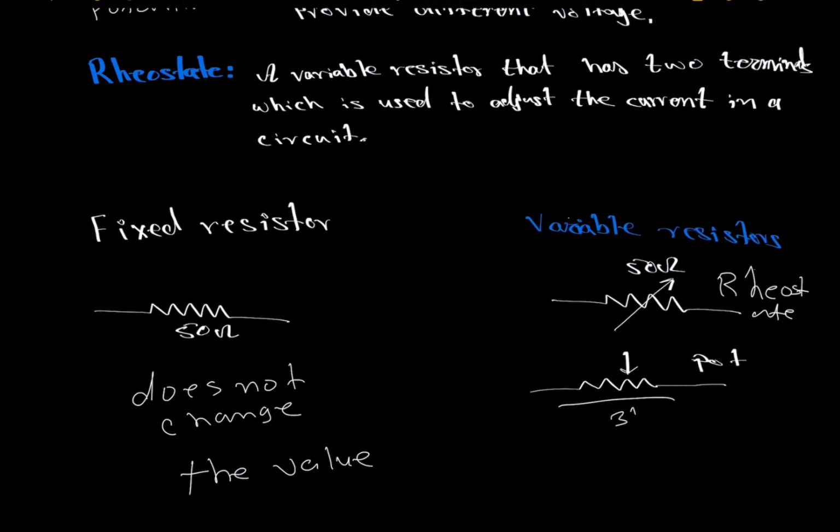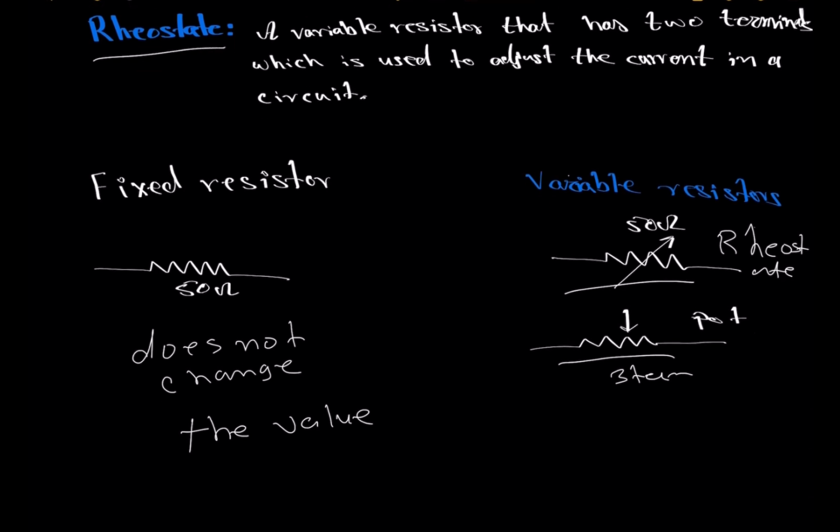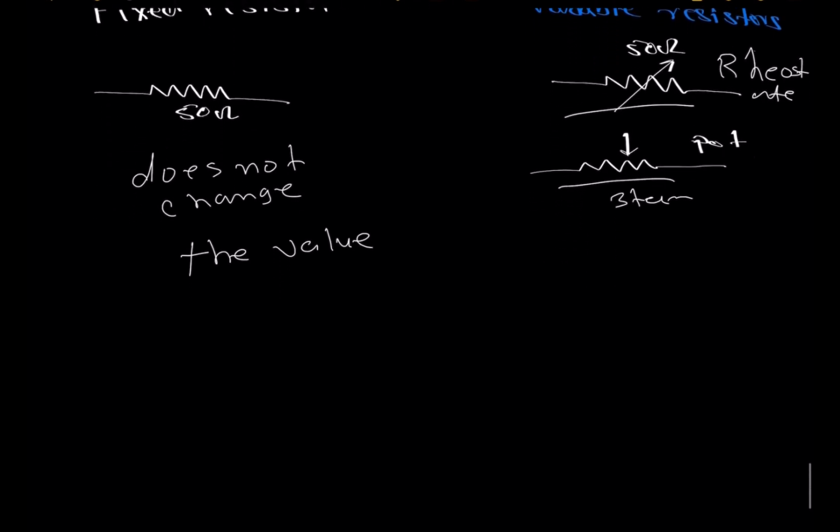Potentiometer has 3 terminals, and the rheostat has only 2 terminals to control. This one controls the current in a circuit, and the potentiometer or pot controls the voltage in a circuit, which will be in our stereos and cars, anything that you can adjust the volume of music with. That will be one of the examples of a potentiometer.